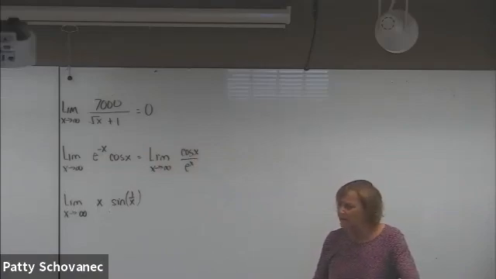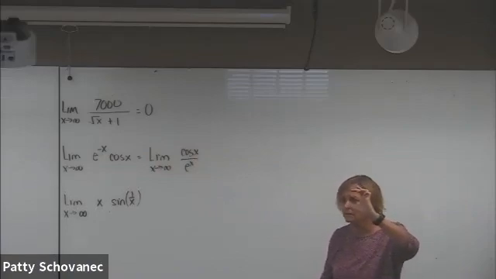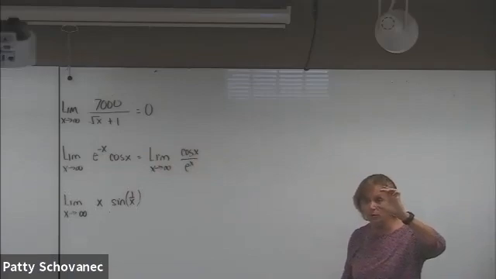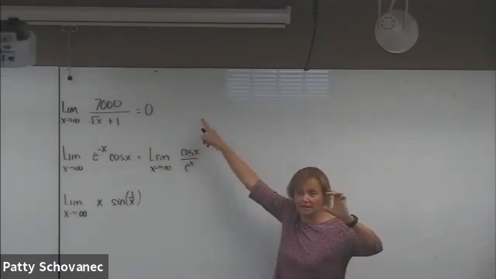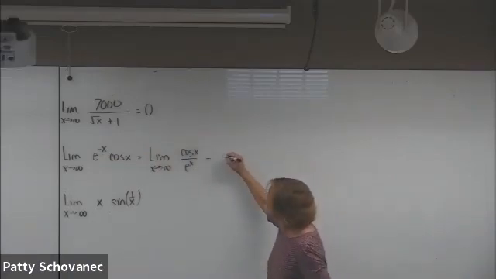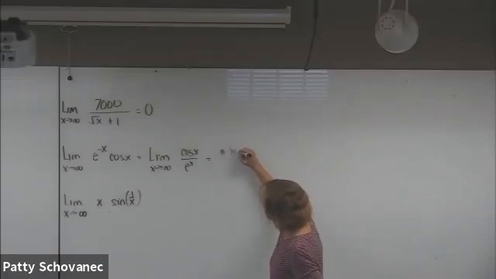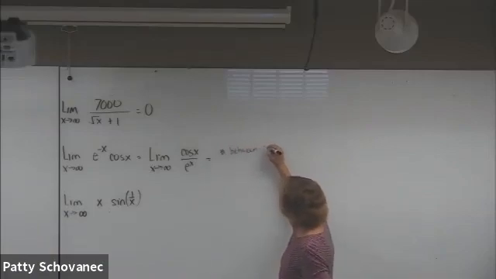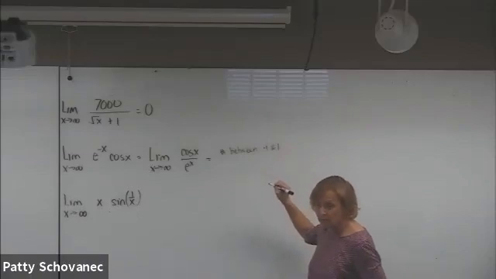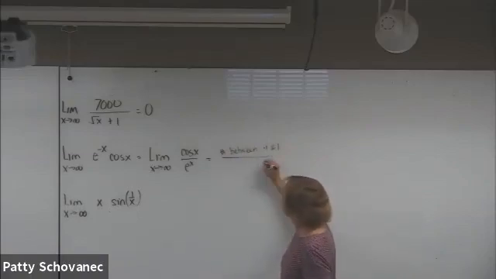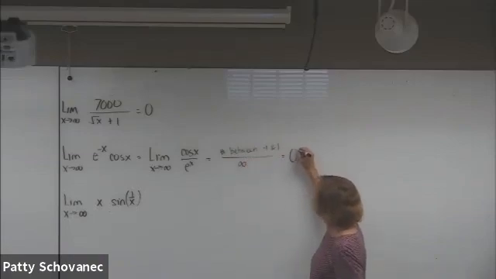What do you know about cosines? They bounce around between 1 and -1, don't they? So that's not going to grow. It's going to stay between 1 and -1, but the bottom's going to grow fast. So now that behaves just like this, right? For sine and cosine, yeah. And then the denominator goes to infinity, so that's going to go to 0.